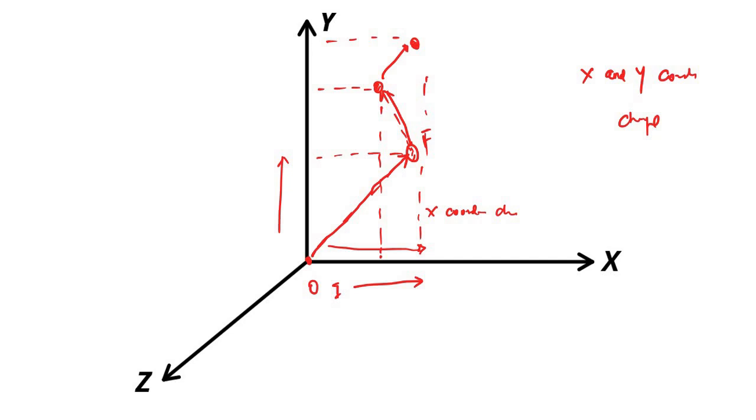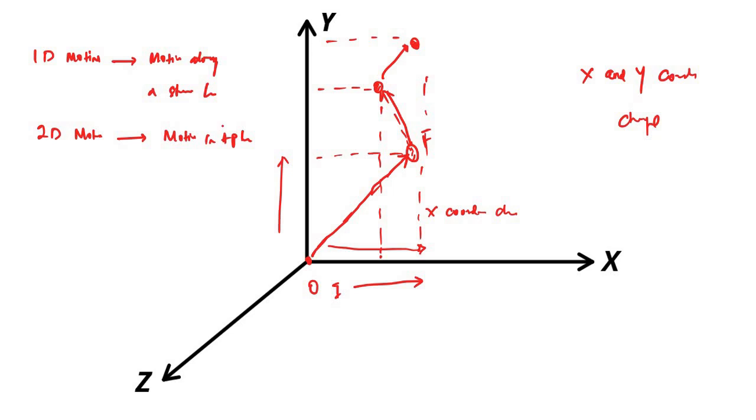One-dimensional motion, as we all know, is motion along a straight line or rectilinear motion. Two-dimensional motion is motion in a plane.